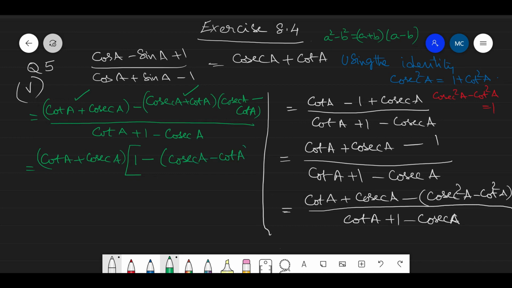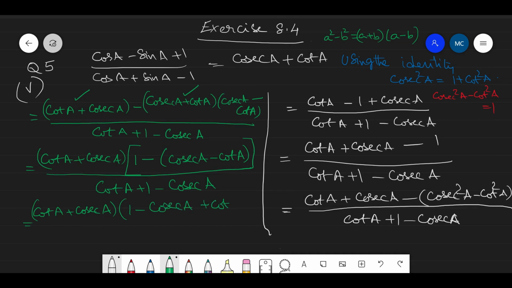Please be careful here using brackets. It is very important. By cot A plus 1 minus cosecant A. Now this will become cot A plus cosecant A into 1 minus cosecant A plus cot A. Denominator no change.